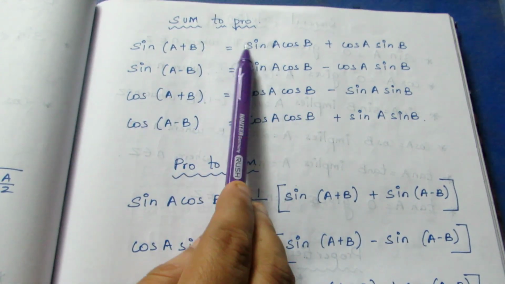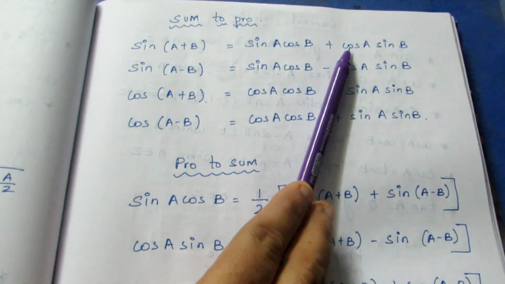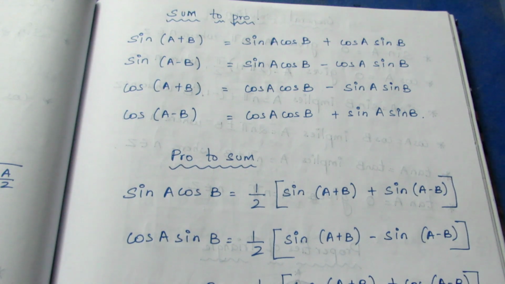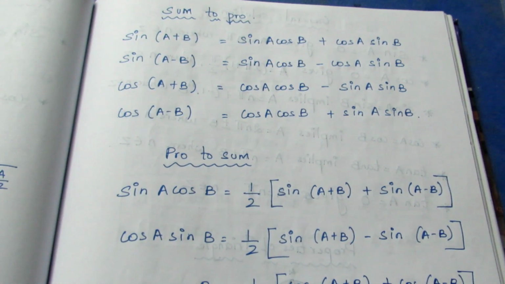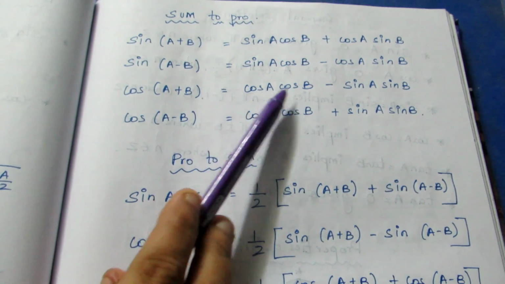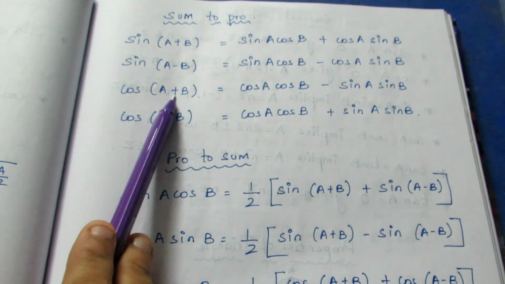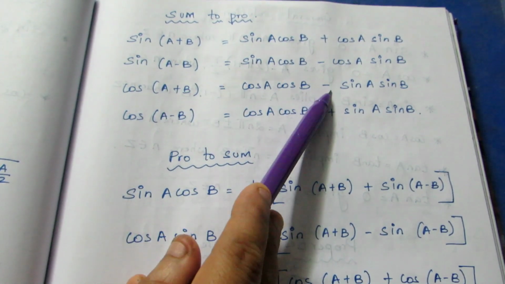For sin, the terms will include sin and cos: it will be sin cos and cos sin, with a and b in each case. Cos doesn't have anything with the other ratio, so it will have cos cos and sin sin, and there is a change of sign in between. If here it is plus, there it will be minus.